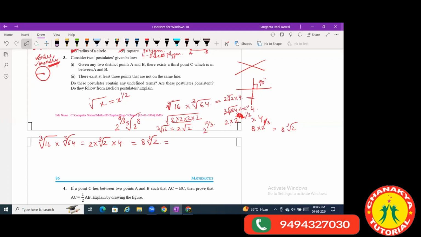See, Harshit, you're saying your answer is 2 raised to 8 by 3. So 2 raised to 8 by 3 can be written like this, cube root of 2 raised to power 8. Yes?